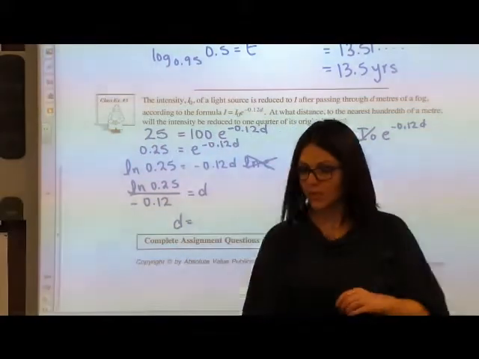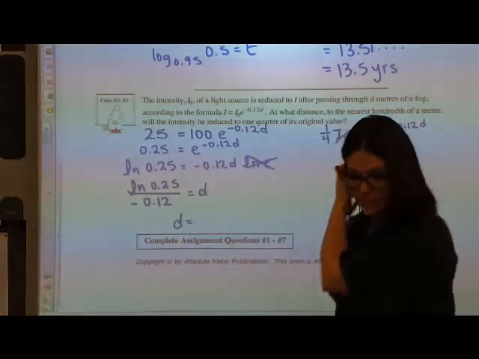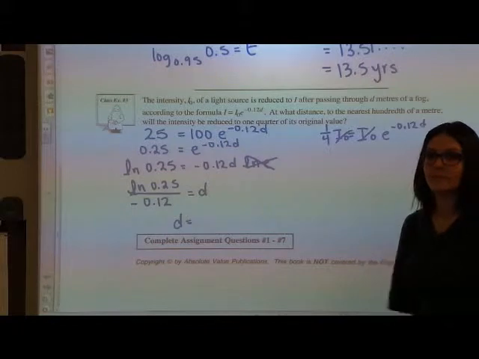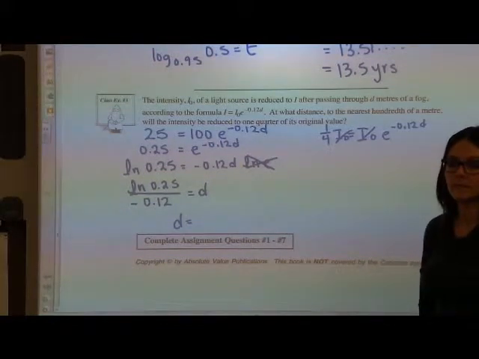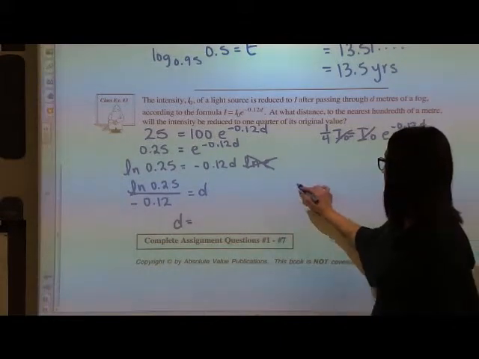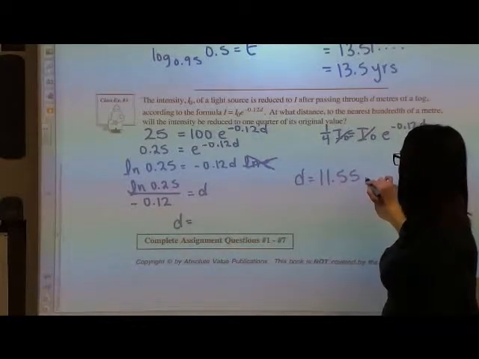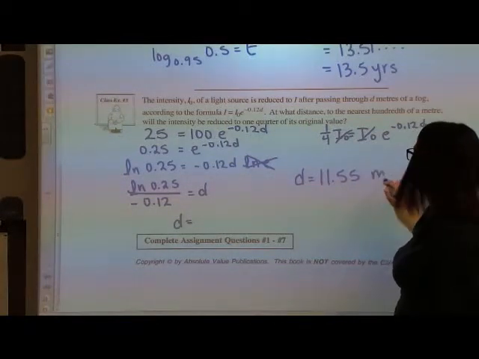And I want this rounded to the nearest hundredth. What'd you get, Bobby Ann? 11.5524. So 11.55 meters.